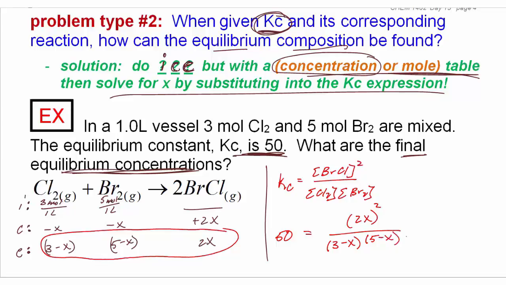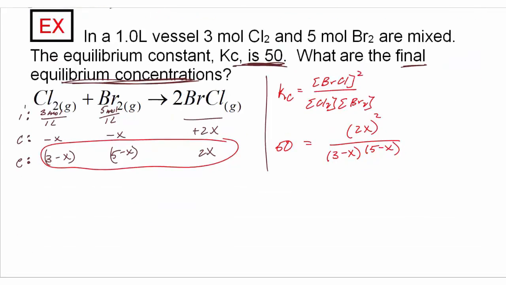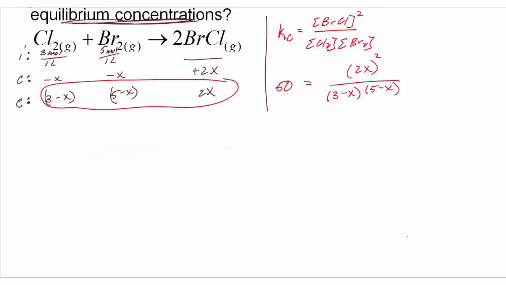Okay? We need to solve for x. This is not going to be pretty, is it? Okay. So 50 equals, well, 4x squared up on top, right? Let's multiply through our bottom.